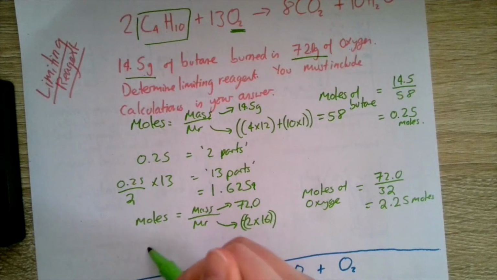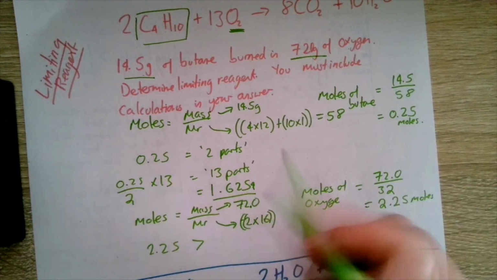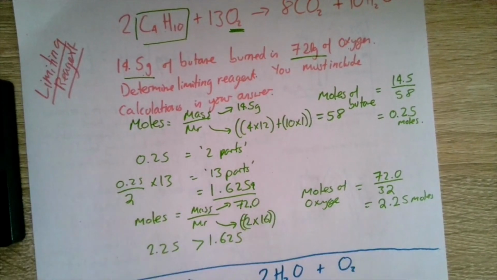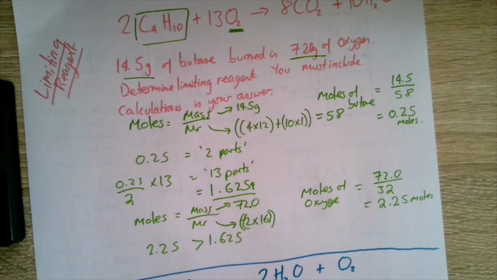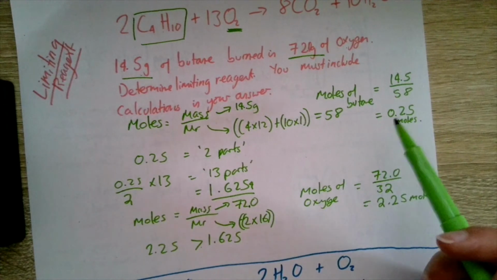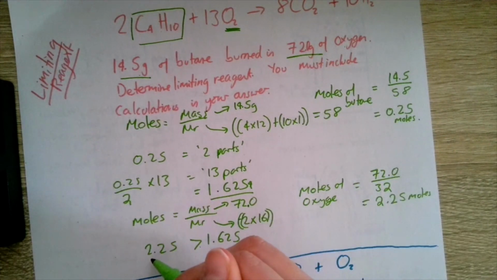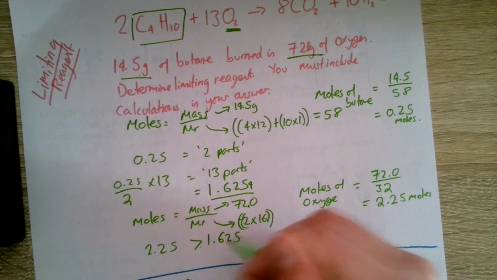So 2.25 is greater than that 1.625 that we needed of the oxygen in order to react with all that butane. So as the amount of oxygen we have is greater than the amount of oxygen we needed for this amount of butane, our oxygen is in excess, and therefore butane is our limiting reagent.